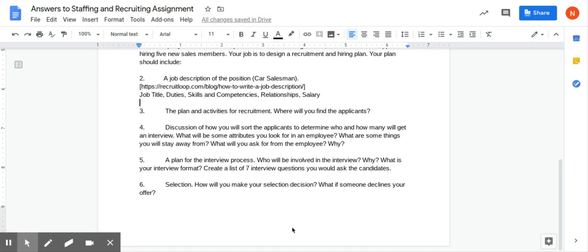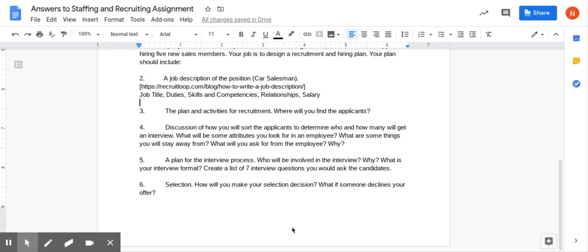Last thing, selection. How will you make your selection decision? Are you going to gear it more towards the demo of them having to sell the car? Is that going to weigh more than the interview process? Are you going to hire 5, or are you just going to hire the best?